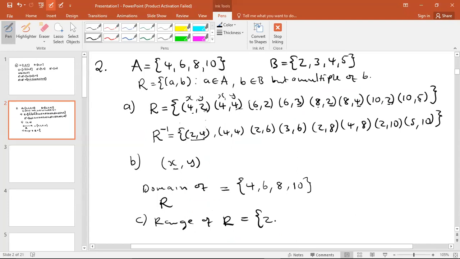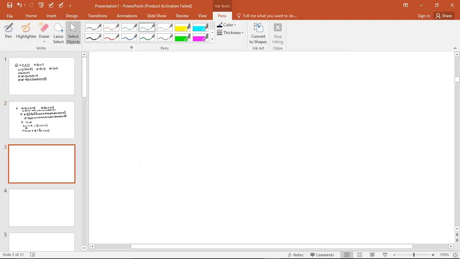So the range is 2, 3, 4, and 5. In other words, the set B. So that is how you find question 2. That's how you solve question 2. Okay. So those are the relations that we have.